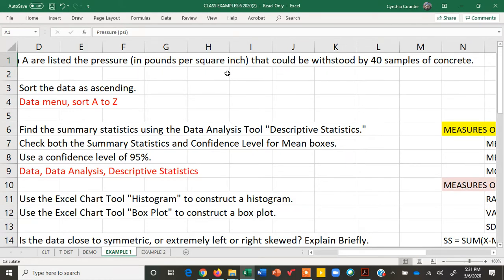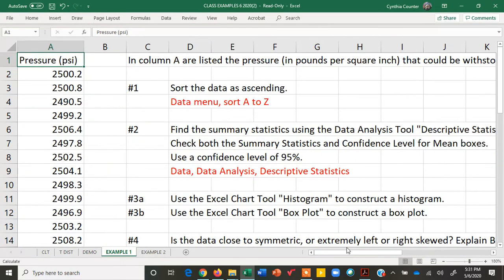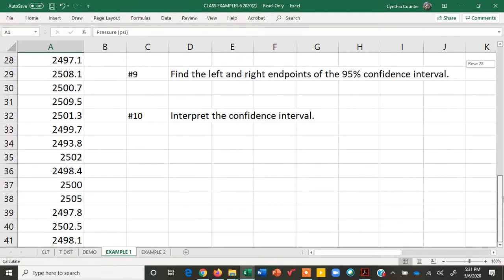Notice I have a label in the first cell, A1, and then from A2 down through A41, I have my data.